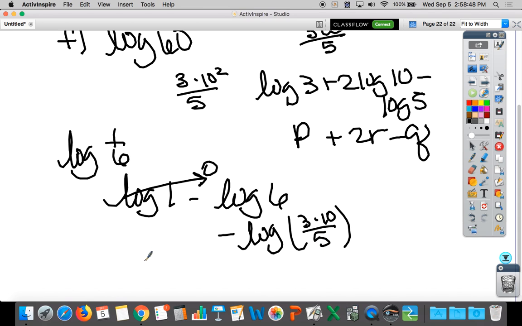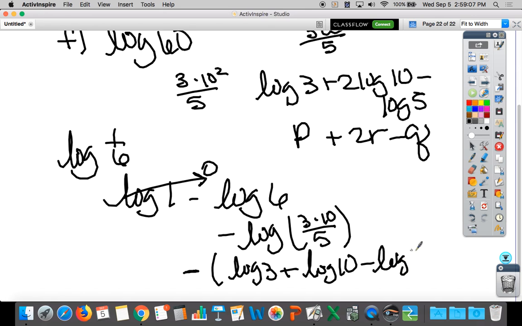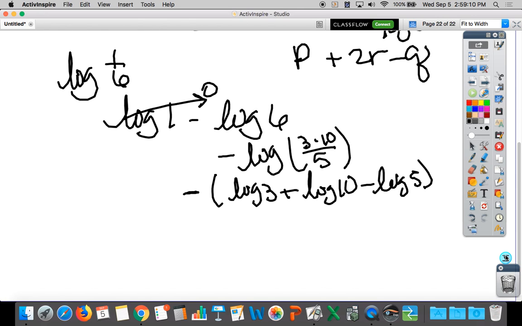And so that becomes, now, let's see, we need to be careful on this one with our signs. That negative is going to go out front of everything. So that's going to be log 3 plus log 10 minus log 5, with that negative out in front of everything. So log 3 is P, so that's negative P. Log 10 is R, distribute that negative, negative R. Log 5 is Q, but a negative makes a positive.